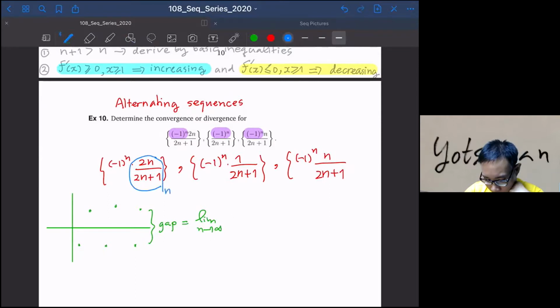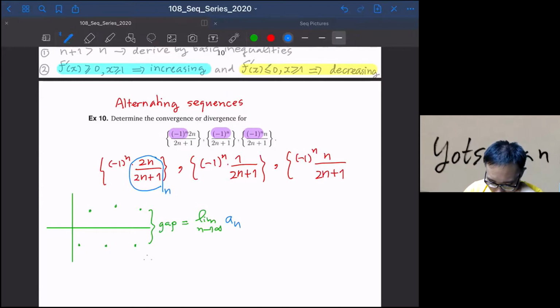Okay, so it's going to be the limit as n goes to infinity of a_n, and we need the gap to be 0. In this case, the gap is equal to a_n.